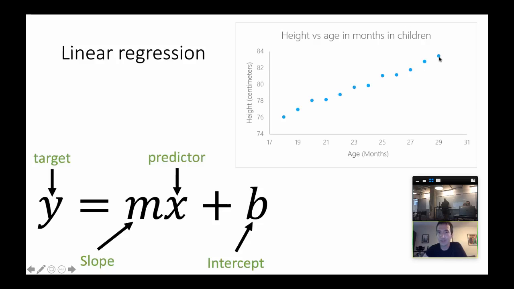If I were to estimate the slope, I might take two numbers that are easy to subtract on the x-axis, like 29 and 19, and then find the rise for those data points. This is about 83, this is about 77. So over 10 months, you go up about 6 centimeters. So 6/10 would be the slope. And who can quickly estimate the intercept here?